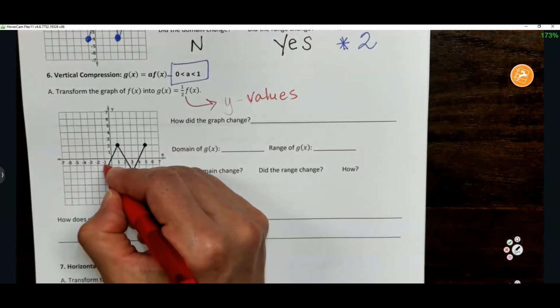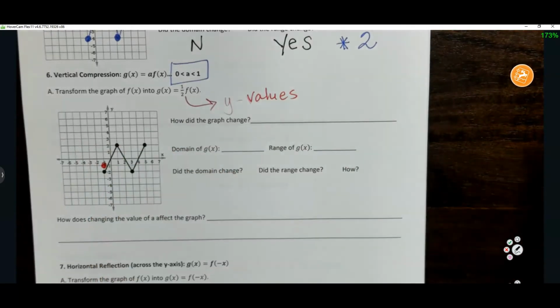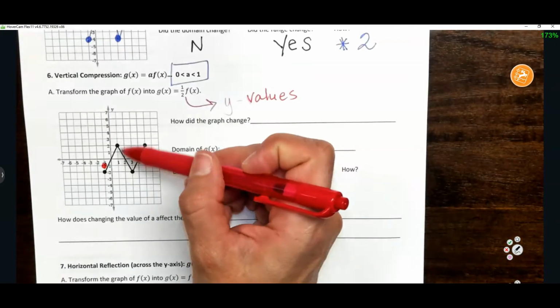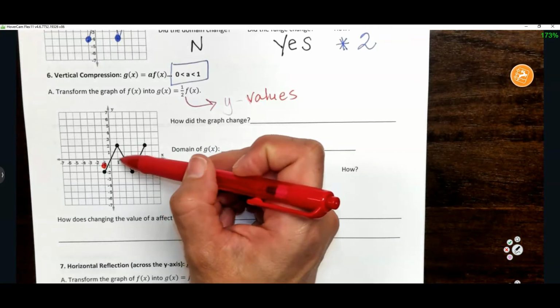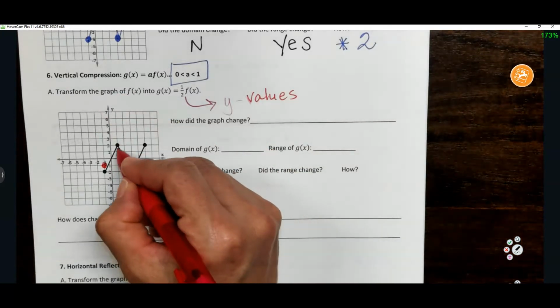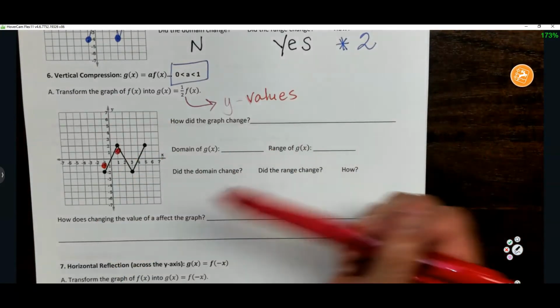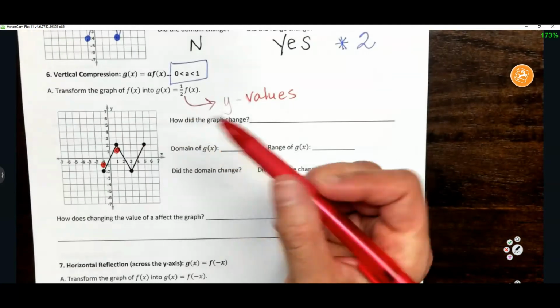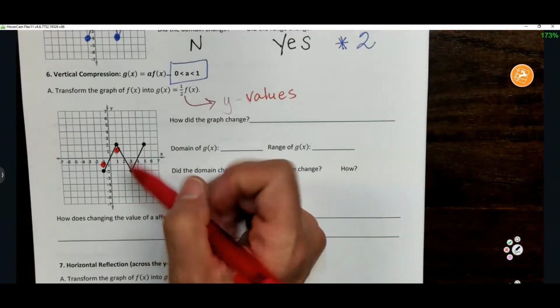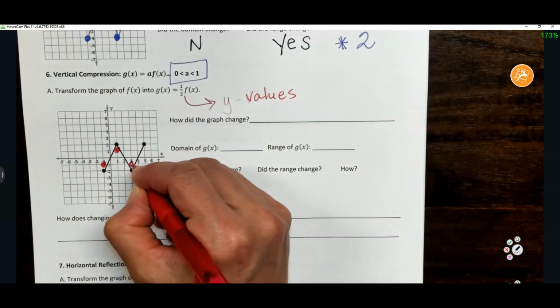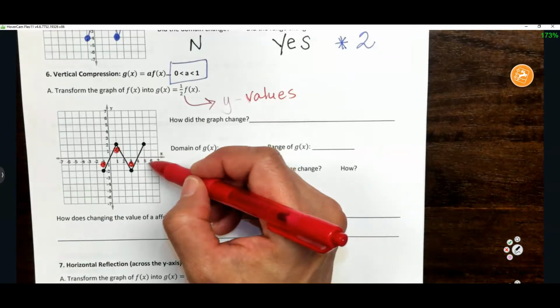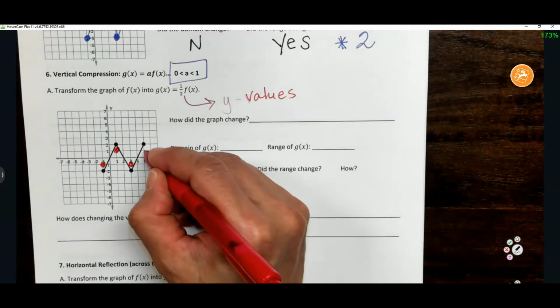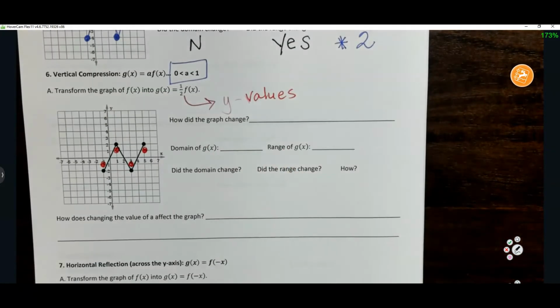So just put a dot on the -1. Same for this value right here. This is a (1, 2). Cut the 2 in half. This ordered pair is (3, -2). Cut the -2 in half. And then your last ordered pair is going to be (5, 1).